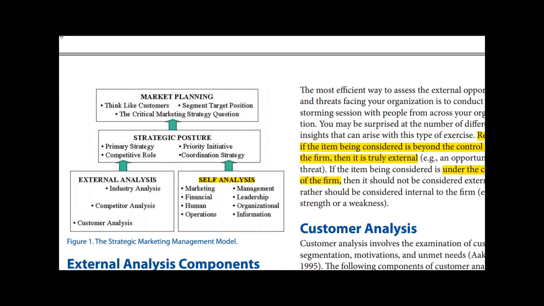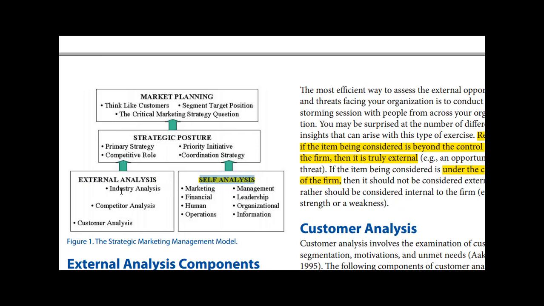Let's talk about the strategic marketing management model. In the objectives, we have talked about the customers and the organizations. Strategic marketing is basically something that links these two areas to the final marketing planning. These two areas are the external analysis and internal or self analysis.